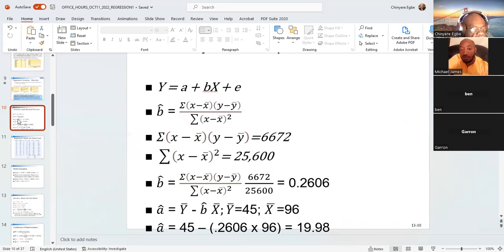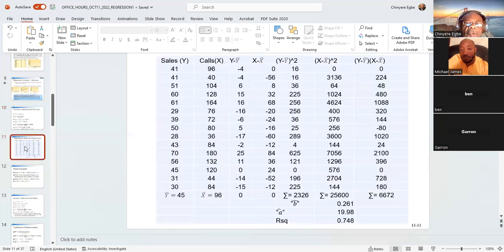Now, I'm just going to take you through the exercise, but in an exam, I'm going to do the calculations for you, and you simply plug in the formula. But I'm going to show you how we get these numbers. In that way, you will not just think that the numbers come from the air or come from some magical process. The process is tedious, but it is not something that you are not capable of doing.